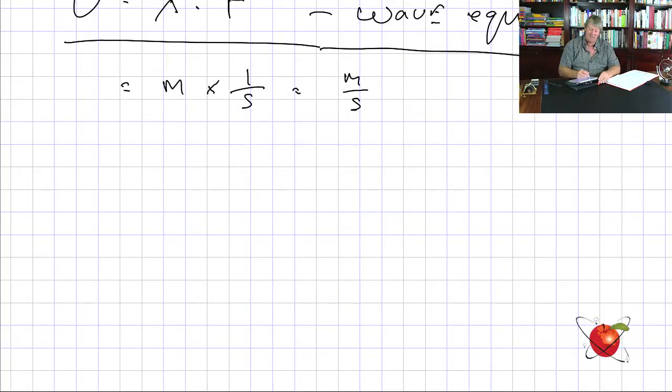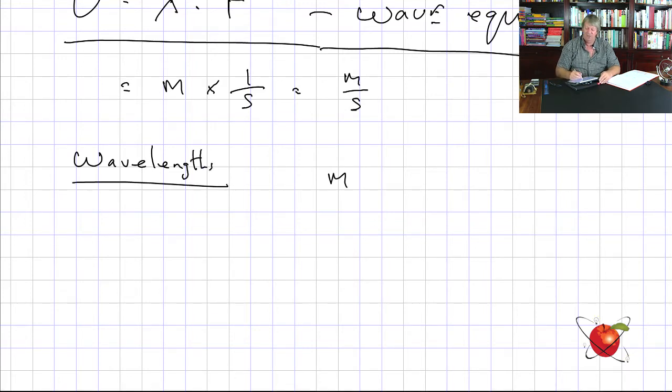Wavelengths now that we're going to be talking about. Let's look at some wavelengths, right? We've got meters. We've got millimeters. So meter is 1. This is 10 to the minus 3, isn't it? Because we divided by 1,000 to get there.